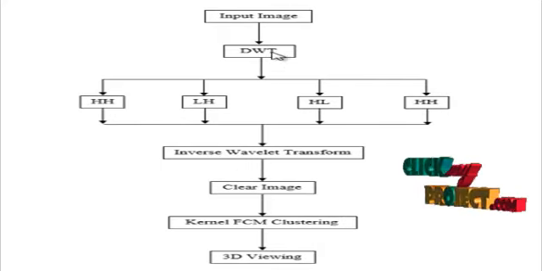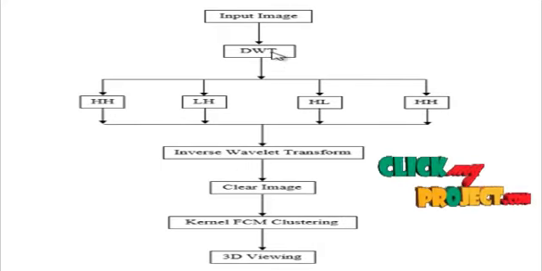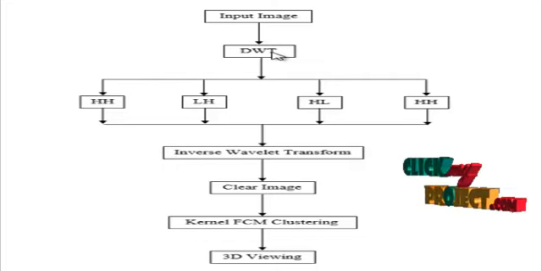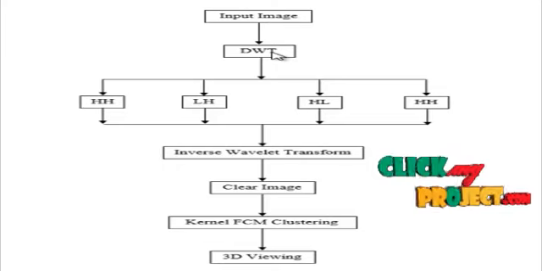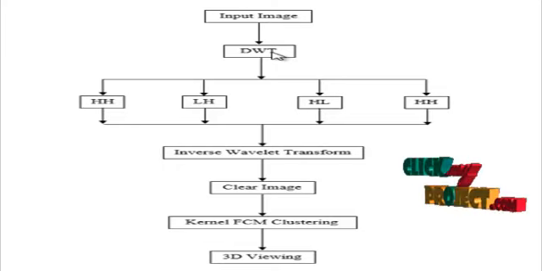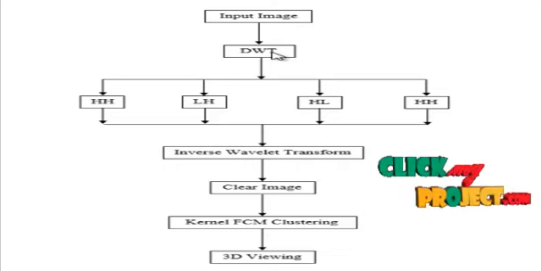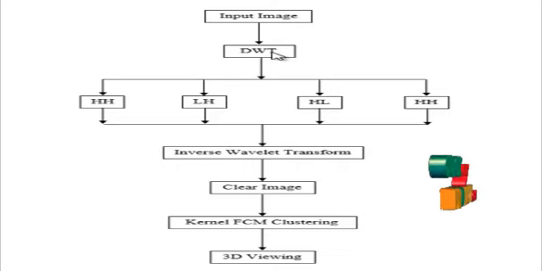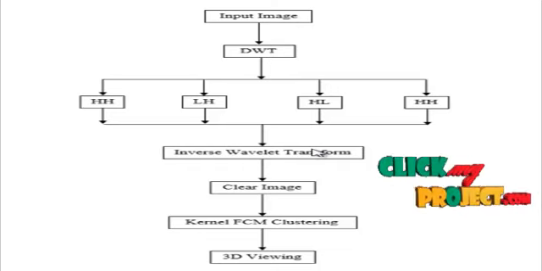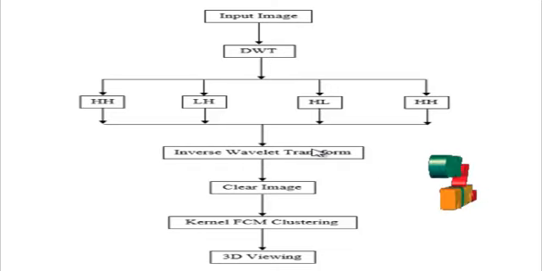The input image is first subjected to wavelet decomposition. The wavelet decomposition splits the image into 4 coefficients, and these 4 coefficients are the image pixels of the original image. After that, inverse wavelet transformation is applied.